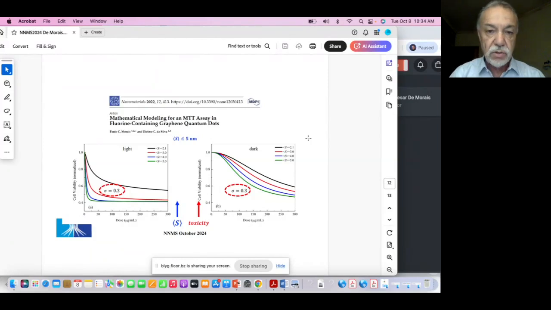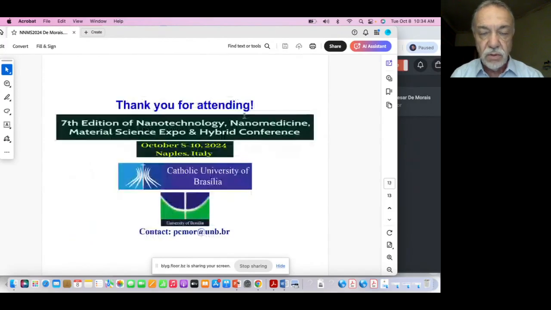If you change the mean size or change the size dispersity, the cell response also changes. And this is actually the first proposal to take into account the nanomaterials morphology in the evaluation of the cell viability. So this was a publication about 1.5 years ago.